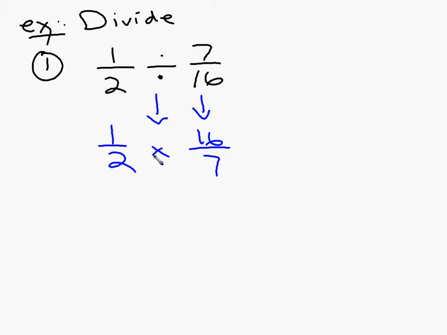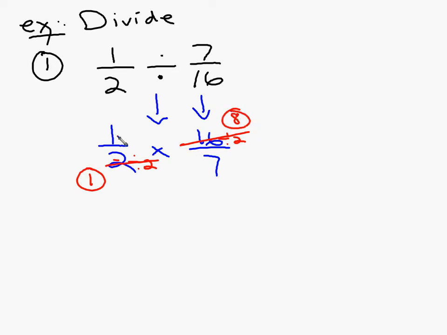And guess what? Now it is just a multiplication problem like we just spent the last 3 or 4 days doing. So don't we look to factor with the 2 and the 16? 2 will go into both of them. 2 divided by 2 is 1. 16 divided by 2 is 8.